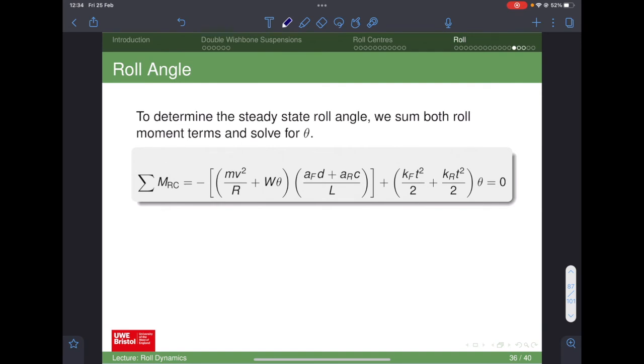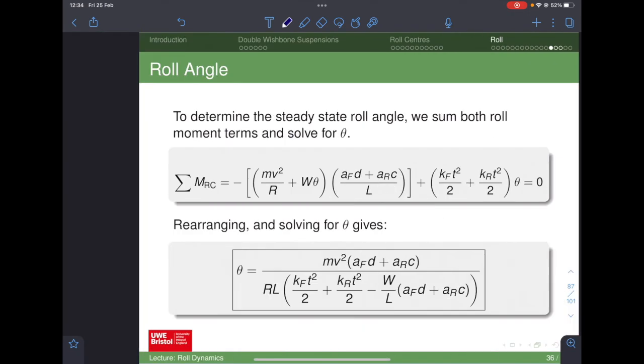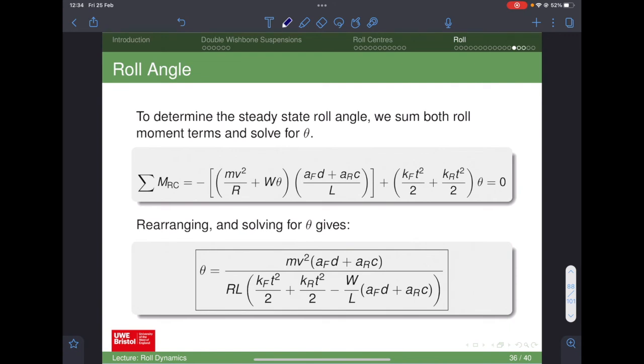But what you can do is, if you go through the motions, it's laborious algebra, but you can get theta on its own. And if you get theta on its own, you end up with this equation. So mv squared times A, which is AFD plus ARC over L, divided by R, mv squared divided by 4.